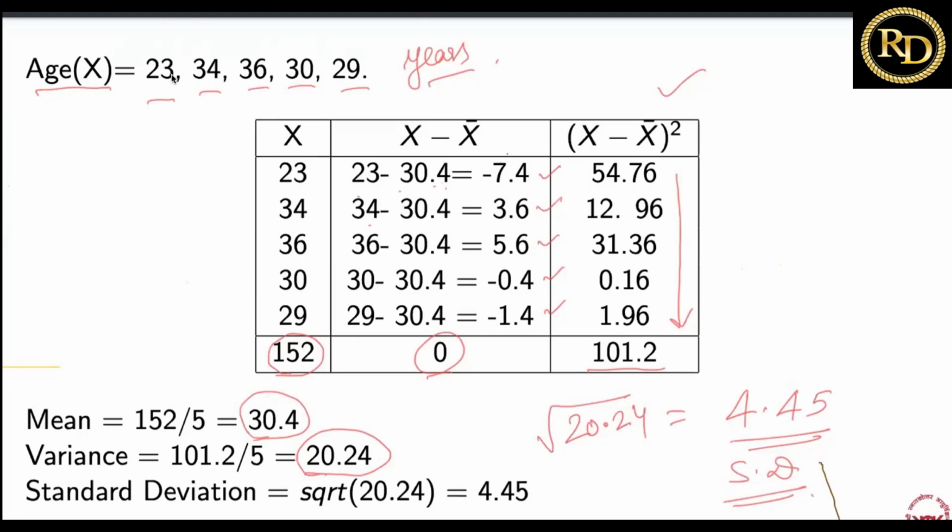Now we want to know how much dispersion exists in the data. So what we try to do is find the difference of all these observations from the mean. We simply subtracted all these observations from the mean and we get minus 7.4, 3.6, 5.6, minus 0.4 and minus 1.4.